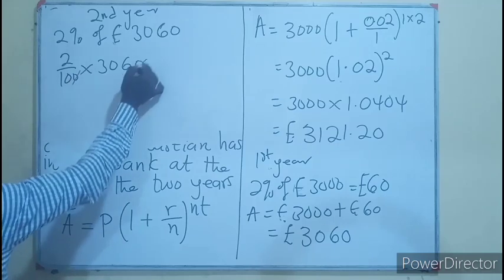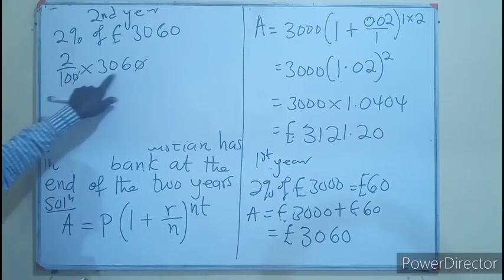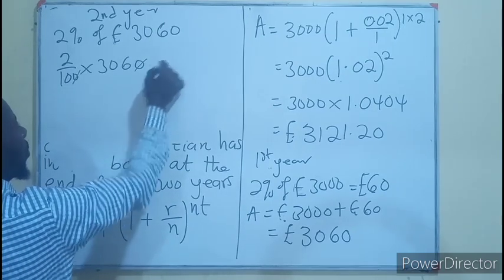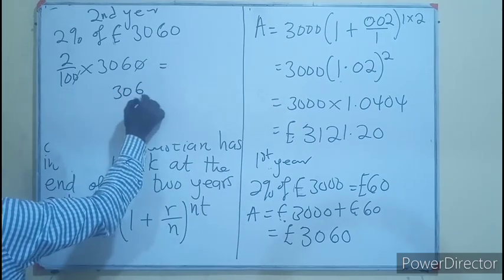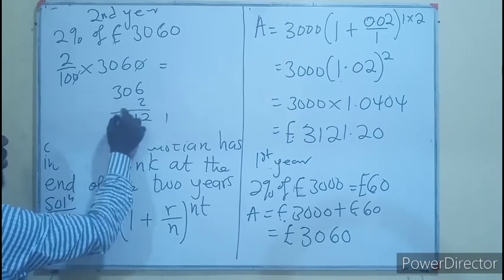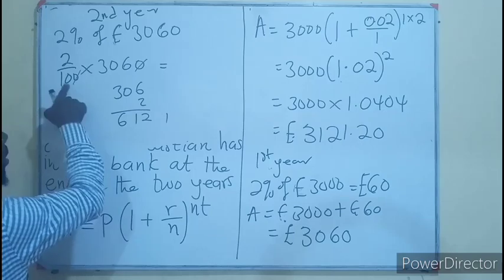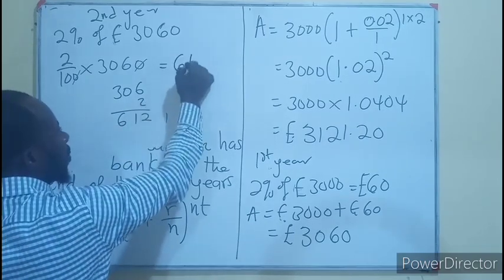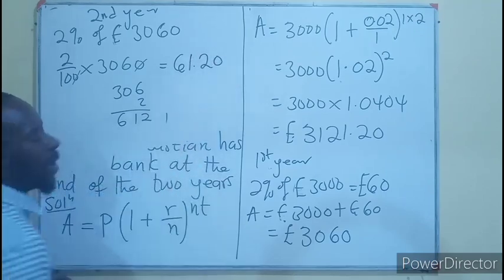We know the zeros will cancel, then this will be multiplied and divided by 10. So let's see what you're going to have. 306 times 2 is 612, so this is going to be divided by 10, so we are going to have a point here: 61.20.